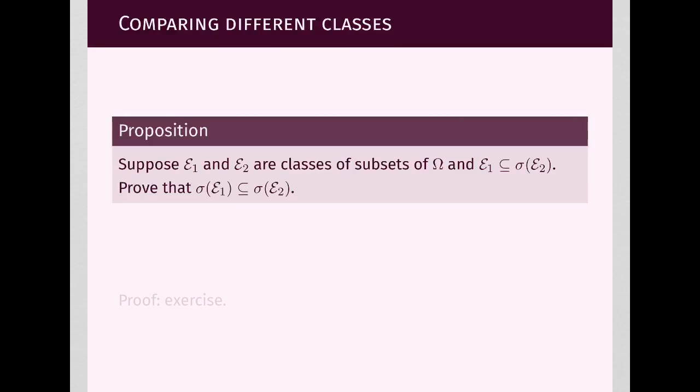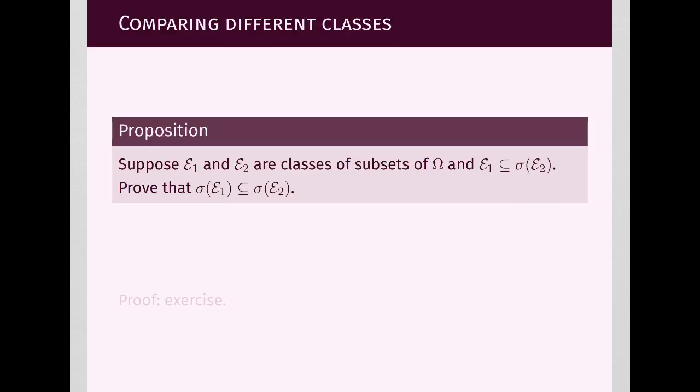Finally, a very important property of sigma algebras generated by classes of events is how do we compare very conveniently two different classes. And here's a proposition: if two classes E1 and E2 are classes of subsets of the same sample space omega, and if the first class is contained in the sigma algebra generated by the second class, that's much more convenient to check in practice than doing E1 just being a subset of E2.